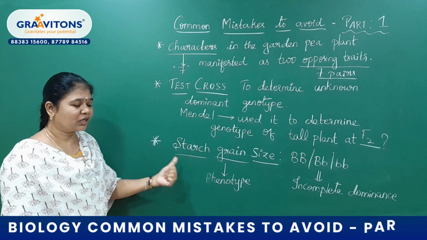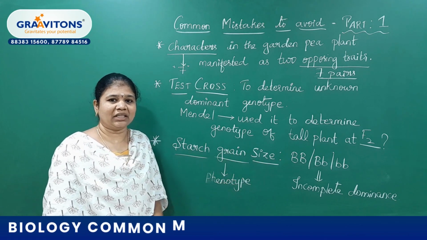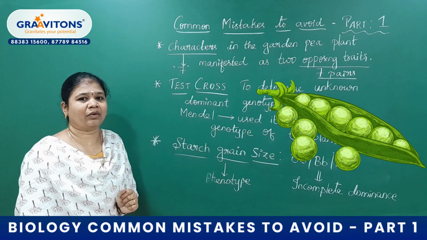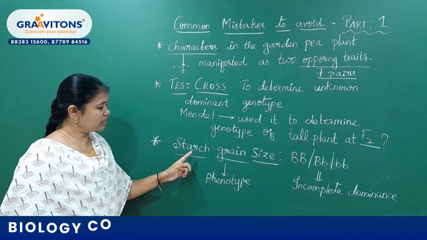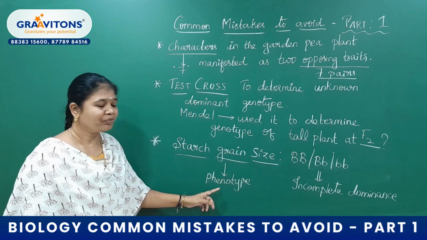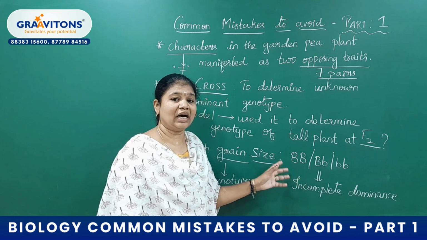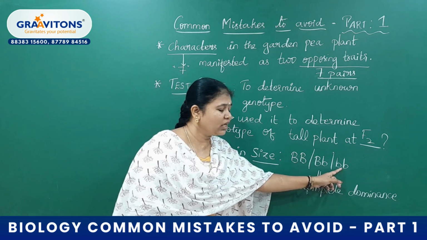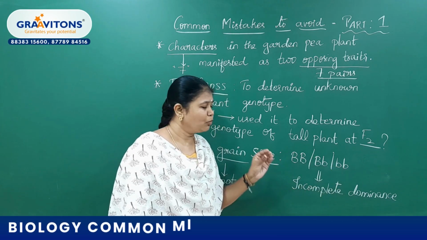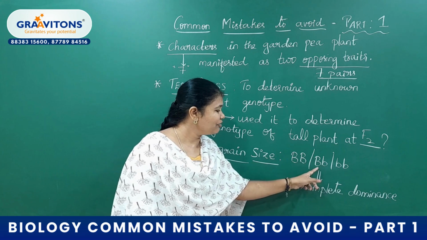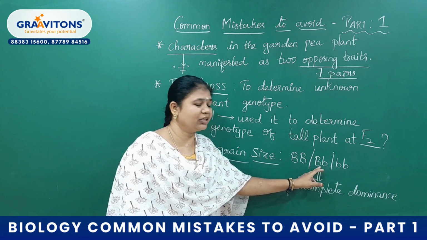Third point, starch grain size. Starch grain size is nothing but the seed size in pea plants. So this is also related to pea plants only. If we consider starch grain size as the phenotype, the homozygous capital B will produce large starch grains, and the homozygous small recessive will produce smaller starch grains, and in the heterozygous condition it will produce intermediate starch grain size.